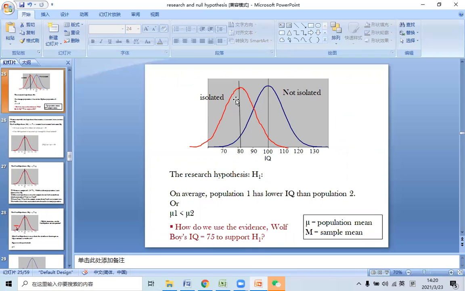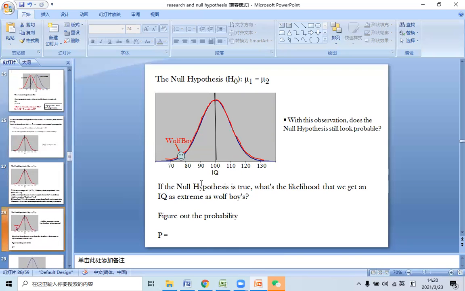With this kind of prediction, you care about one side of a curve. Your expectation is the wolf boy is going to be lower than the average, and way lower, so extreme that there's a less than 5% probability of finding such a low IQ.